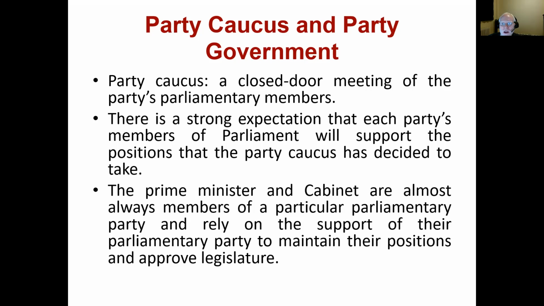Whatever decision the caucus has decided to take through its caucus meetings, there's a general expectation that members of the caucus will vote with it, whether they supported it in the caucus or not, whether their preferred policy choice was reached in the caucus. The expectation typically is that they will vote with members of their caucus.